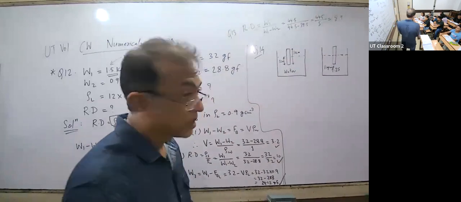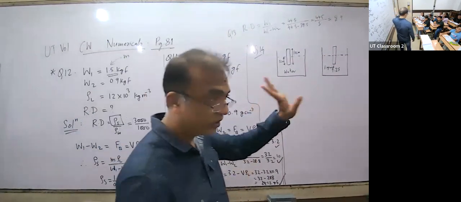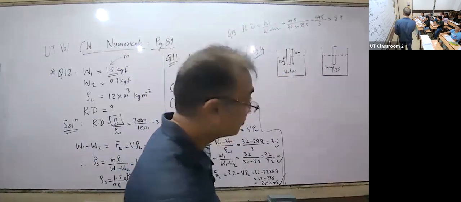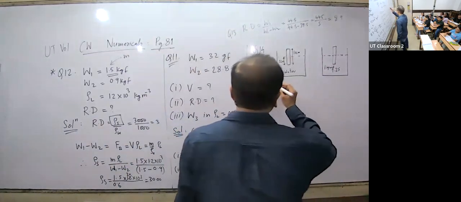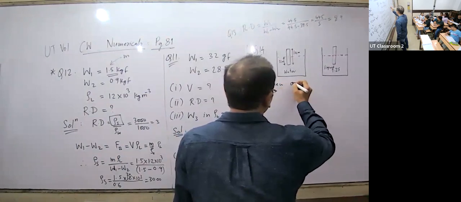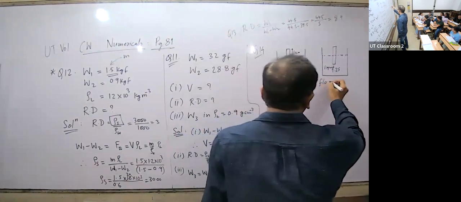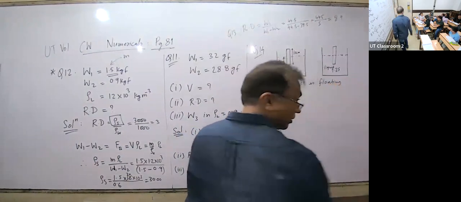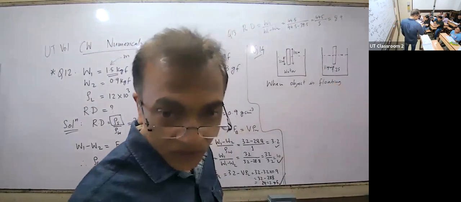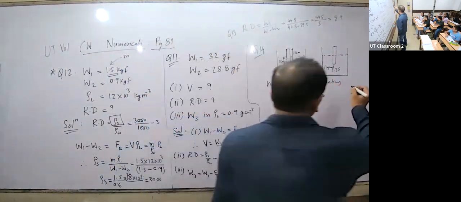So when the substance is partly submerged, first of all, it is a floating object. How will we approach this? So when the object is floating, its weight is balanced by upthrust, right?